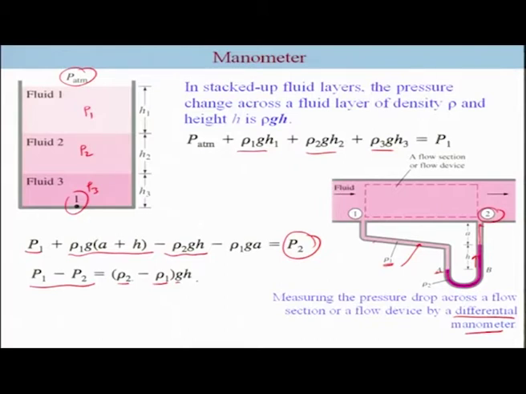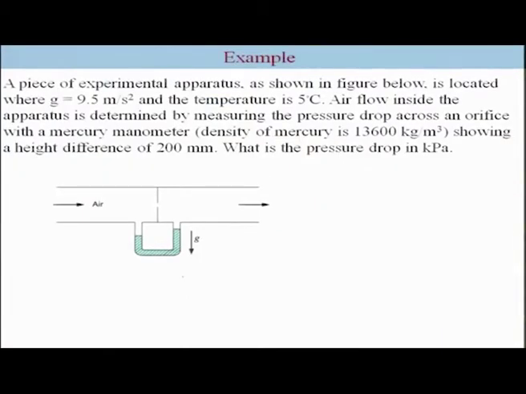Okay. So, now we can do a simple example here to exercise this. A piece of experimental apparatus as shown in the figure below is located where G is 9.5 meter per second square and the temperature is 5 degrees Celsius.